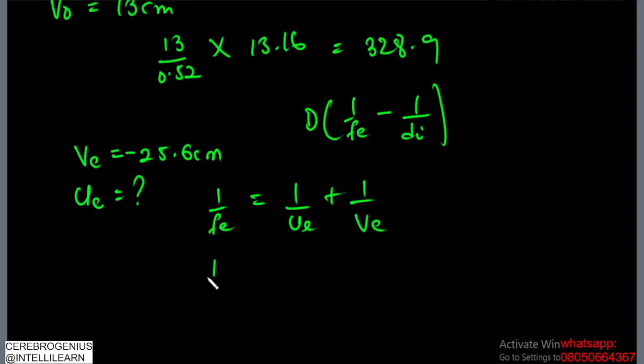So 1 over the focal length of eyepiece, 2, equals 1 over UE minus 1 over 25.6. So you just have 1 over 2 plus 1 over 25.6. Please learn how to use your calculator very well. So we get UE to be equal to the inverse of this.